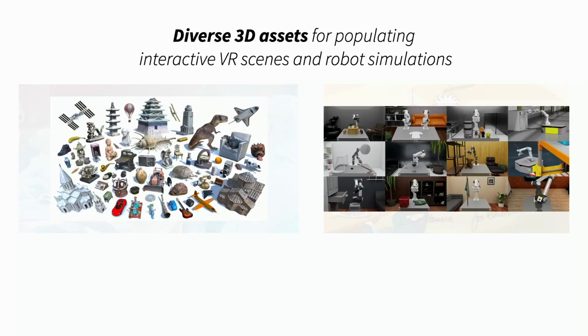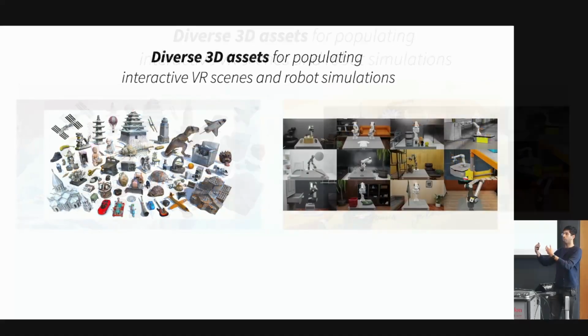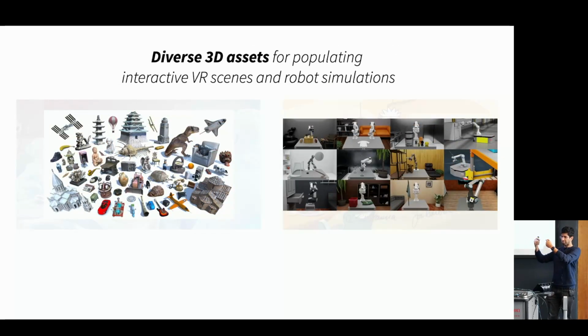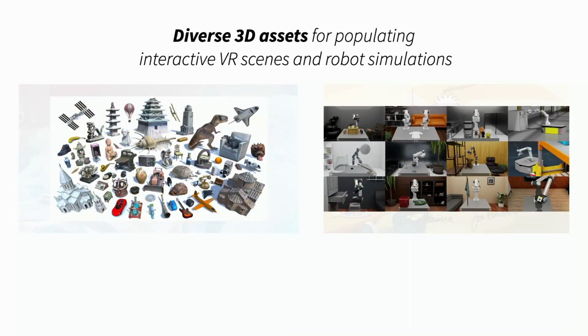Similarly, when we are learning general purpose robots, one of the typical ways that we do so, at least scalably and reliably, is to create simulations which mimic the tasks that we want our real world robots to eventually be able to perform. So we have these diverse 3D assets that will hopefully form the basis of AR, VR systems and be used to create realistic simulations that our robots can learn from at scale in a safe manner, without destroying our houses and dishes in the learning process.